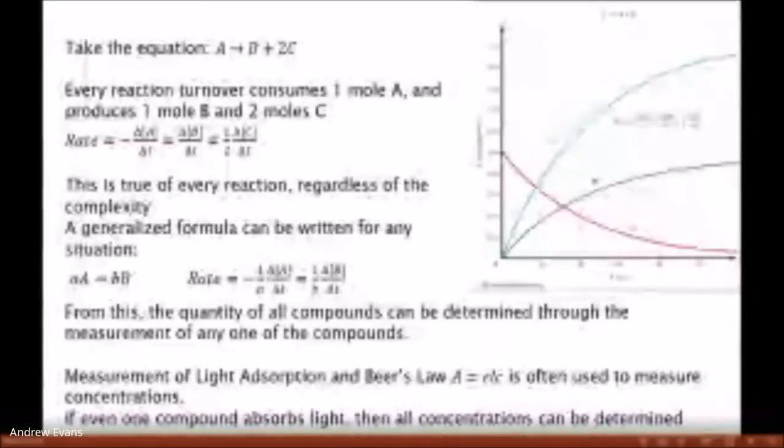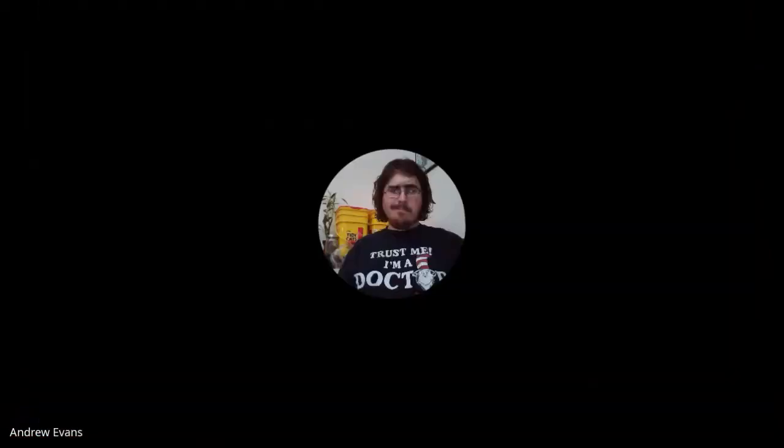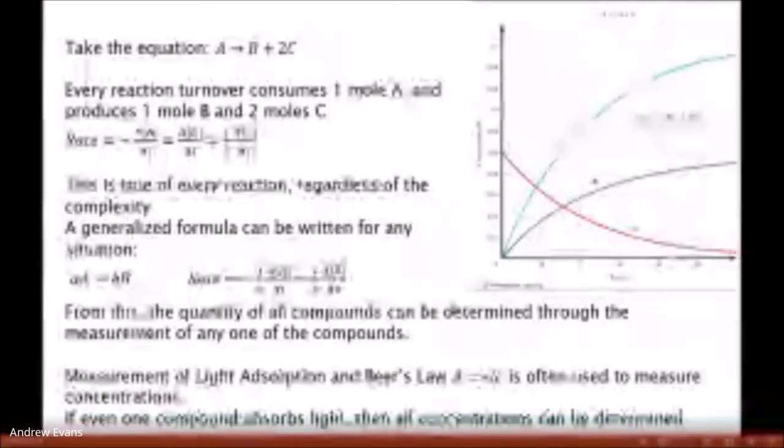So from this, the quantity of all compounds could be determined through the measurement of any one of those compounds. What this generalized means is that if I know one thing about a reaction, I know everything about that reaction, because the reaction rate is constant with regards to all molecules in there.